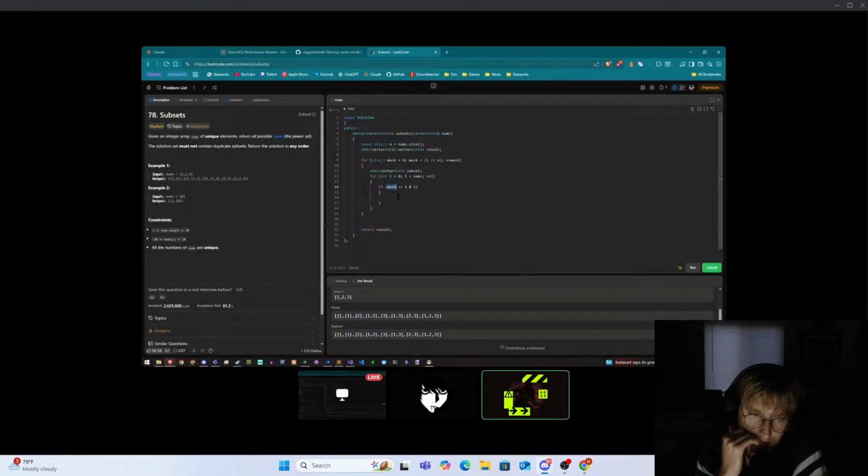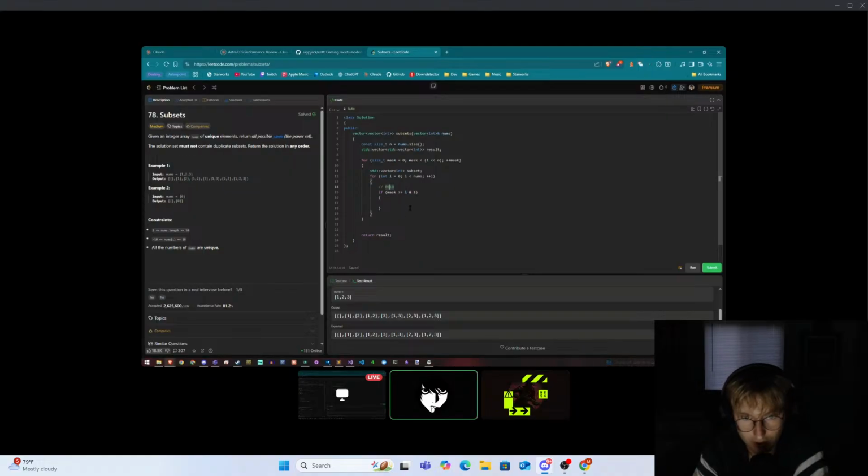Okay. And then what happens whenever mask is 2? If mask is 2, i is equal to 0, we wouldn't move it at all, so it would just stay at 2. And then what happens whenever i is 1? If it's 1, then it would shift over like this, and that would pass our statement.